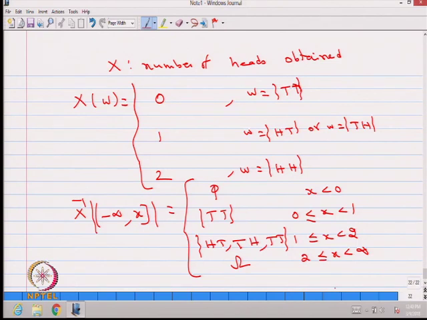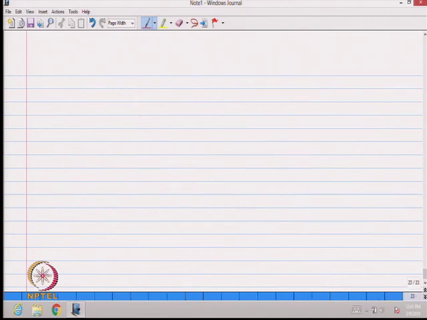Since we have taken F as the largest sigma field, the empty set, TT, HT TH TT, and the omega all belong to F. Since for all x, X inverse of minus infinity to x belongs to F, X is a random variable because it satisfies the condition.